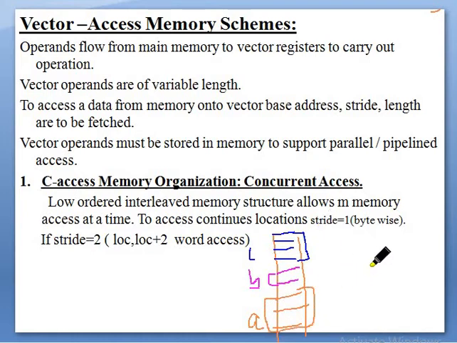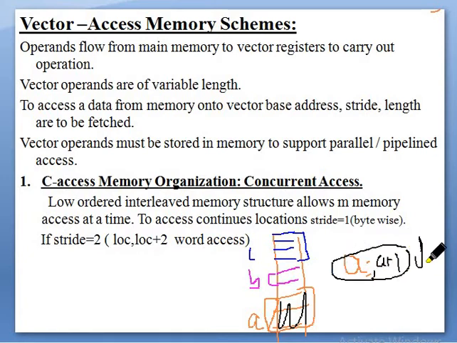Now if I say fetch A, it is an integer. So what do I have to say? I have collected data from two locations, identified by A as well as A plus 1, because what we have studied is that an integer takes 2 bytes of memory.